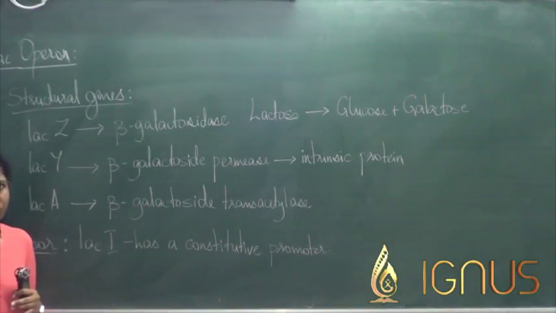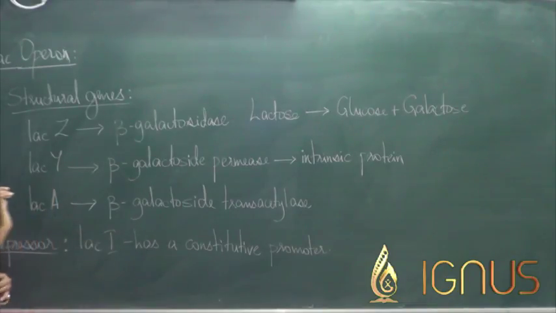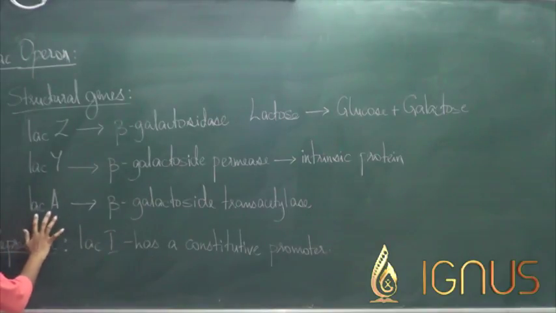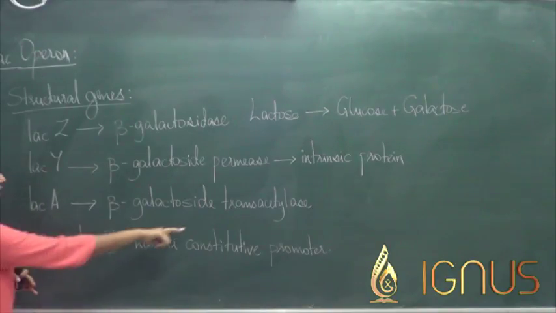So it's a transport protein that allows the lactose molecule, present in the outside environment of the cell, to enter into the cell. That is the function of the LAC-Y gene.